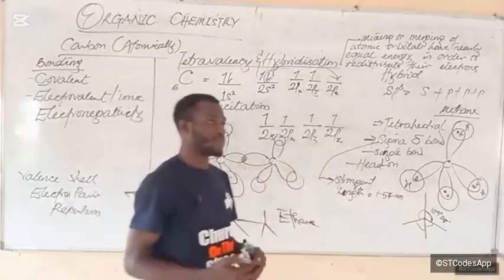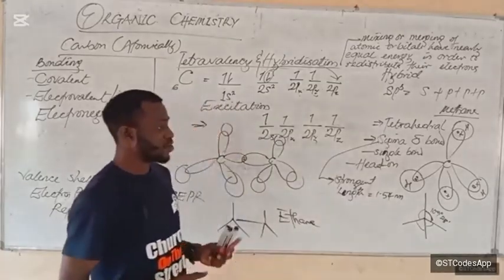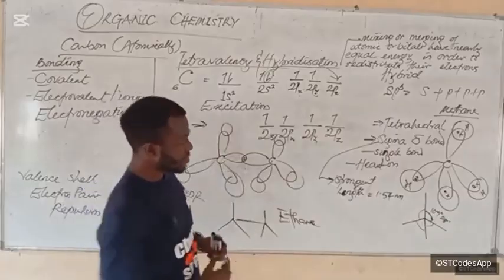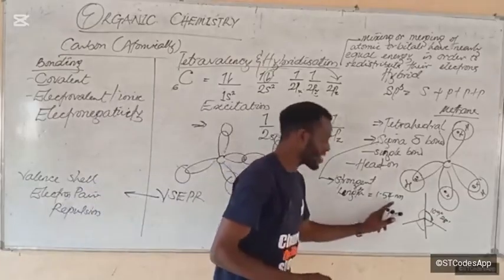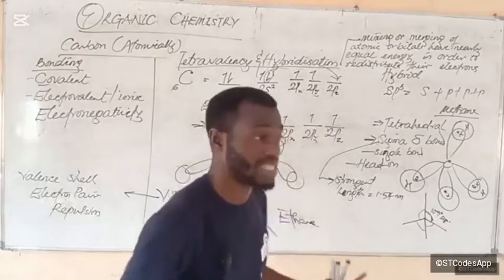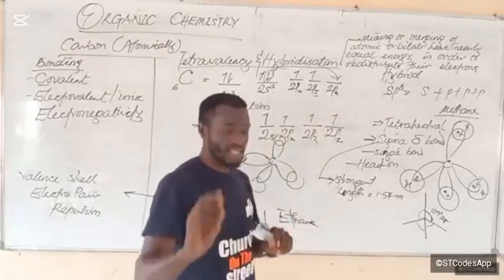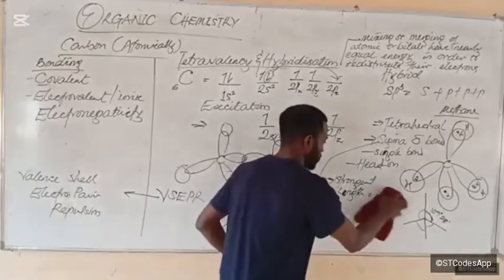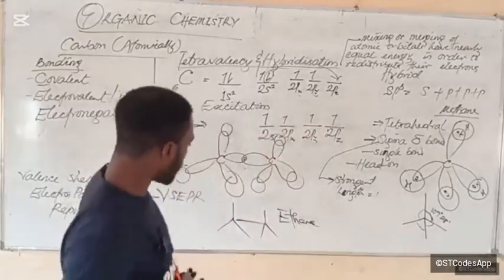I can't really remember the exact figure for the pi bond, but the sigma bond is longer than the pi bond. That's the point. Let me just clean this because I'm not so sure.